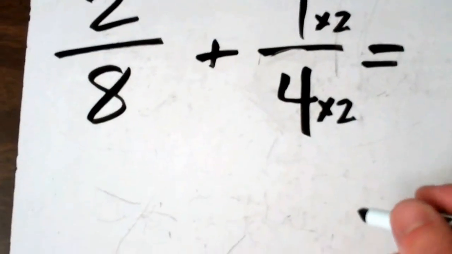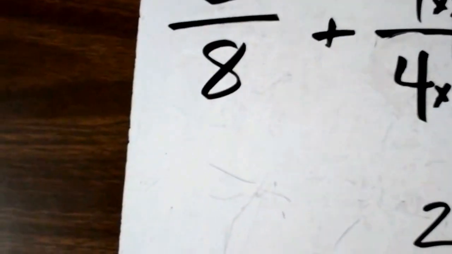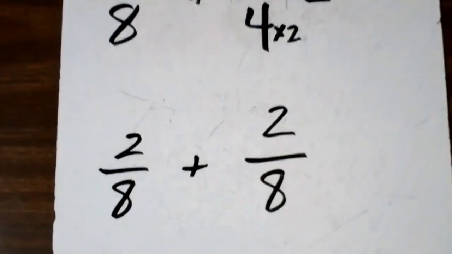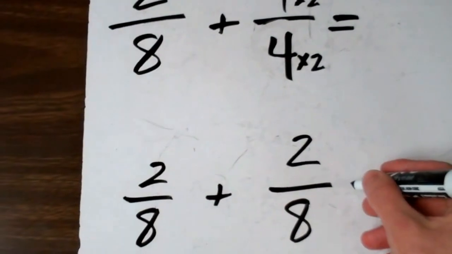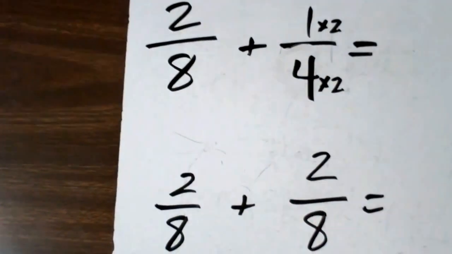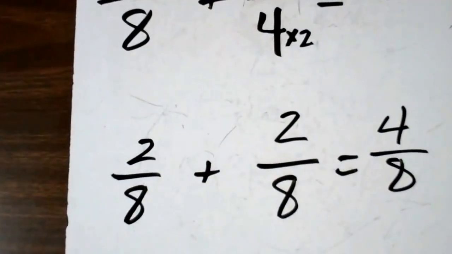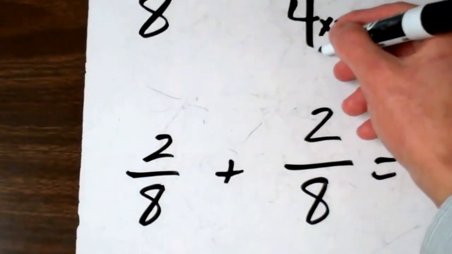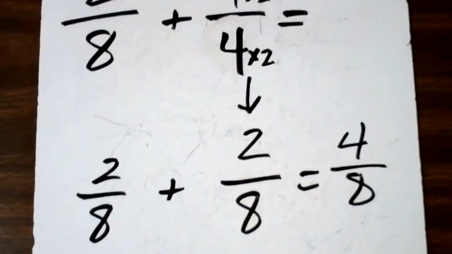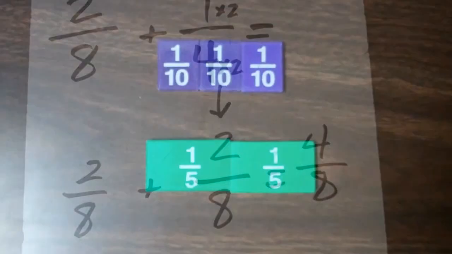Your fraction now becomes 2/8 plus our original 2/8. So 2/8 plus 1/4 gives us 4/8. We were able to make 1/4 into 2/8 by multiplying by 2.